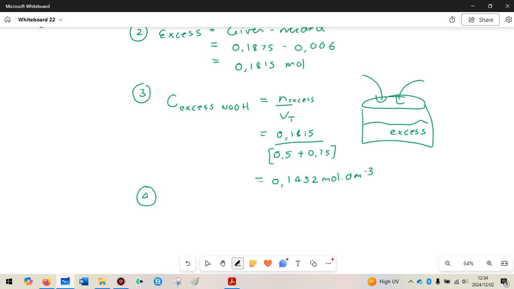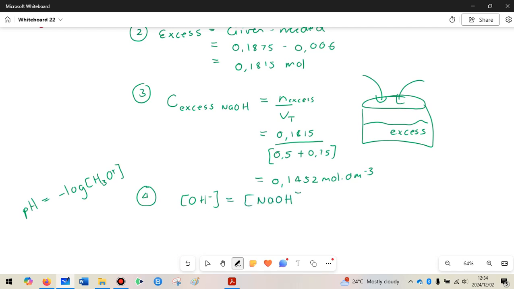Okay, then, and this is usually something people forget as well. Ultimately, you're looking for the pH, and pH has to do with the concentration of the hydronium ions. Okay, so before I can find that, I need to find the concentration of the hydroxide ions in excess.